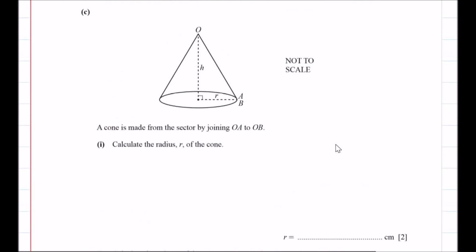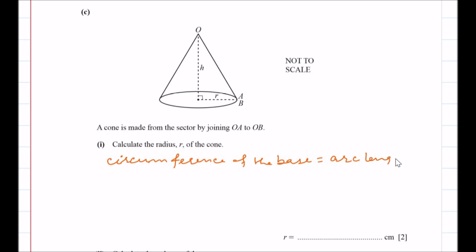Okay. Now let us use this information. So we'll write: circumference of the base of the cone is equal to arc length OAB, right?